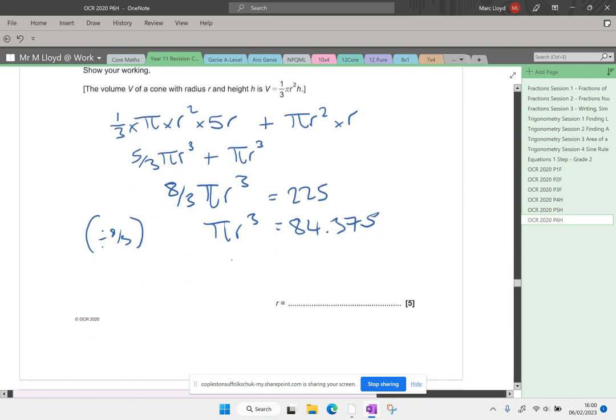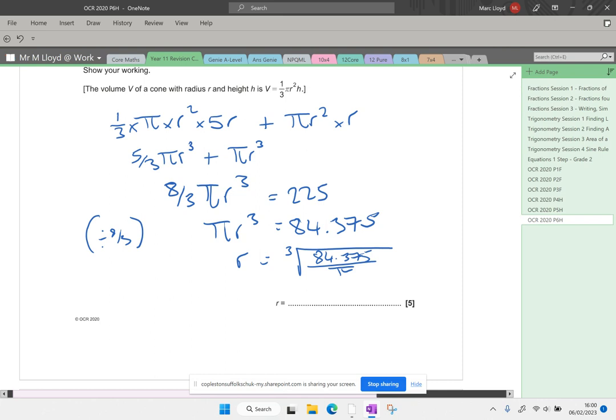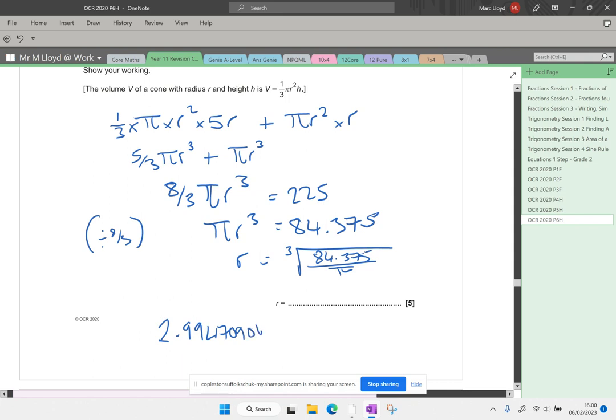And then r is going to equal the cube root of that. So divide by pi first, and then cube root it. There we go. And we've got 2.994709068, which gives us 2.99 to 3 significant figures.